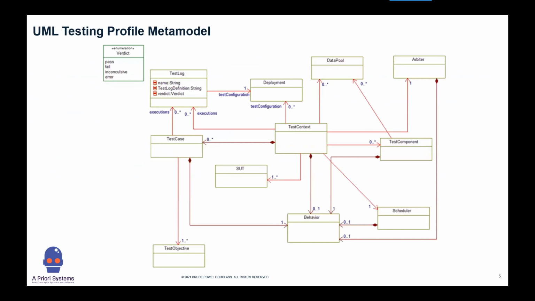This is an abstraction of the metamodel within the UML testing profile. We see some elements here like the SUT, the system under test. This would be either the entire design model or some portion of it that you want to verify. And by the way, you can also test your specifications. I build a lot of what I call executable requirements models, which I've talked about in previous episodes.